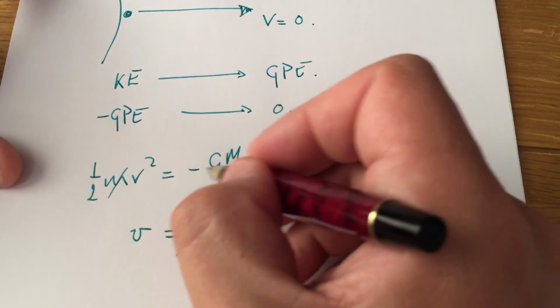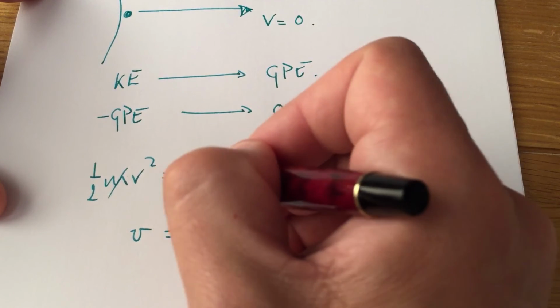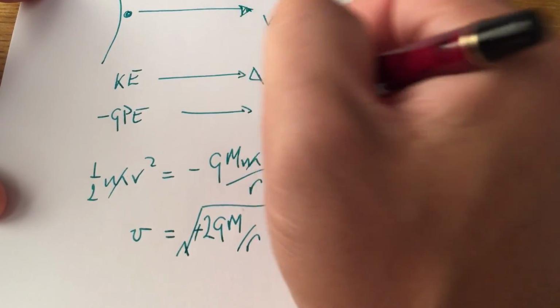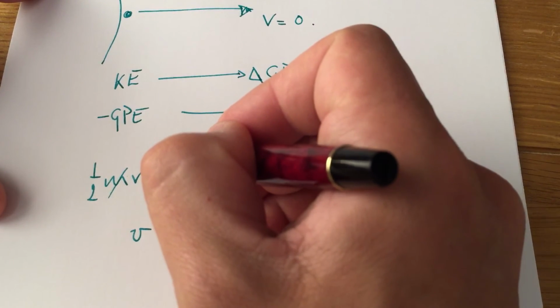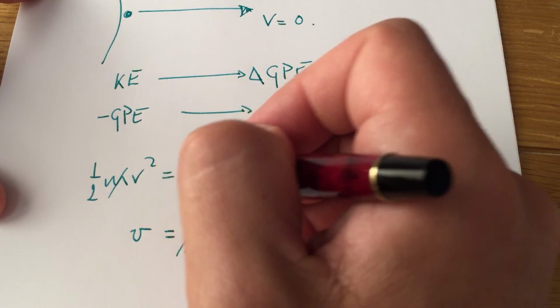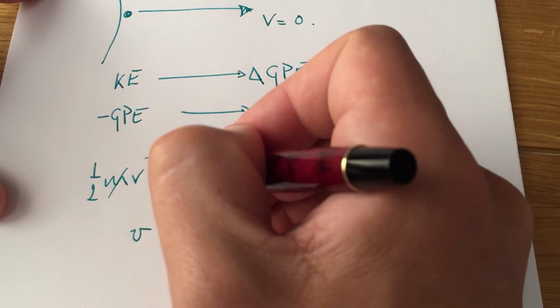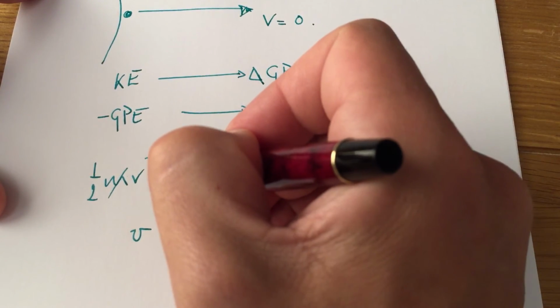Well, in actual fact, the way that we get rid of the minus sign is because this is actually a change in GPE, which takes us from minus GPE to 0, that's right. So our first point is minus GPE and our finish point is 0, and I'm looking for the difference.